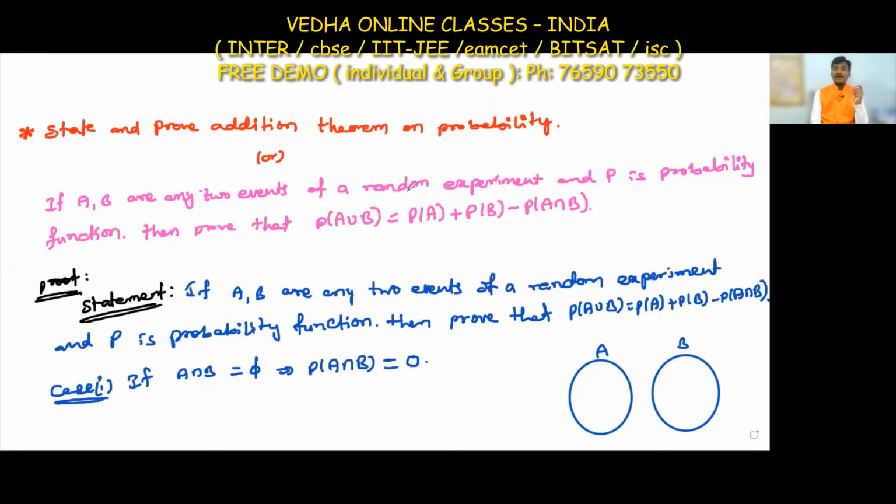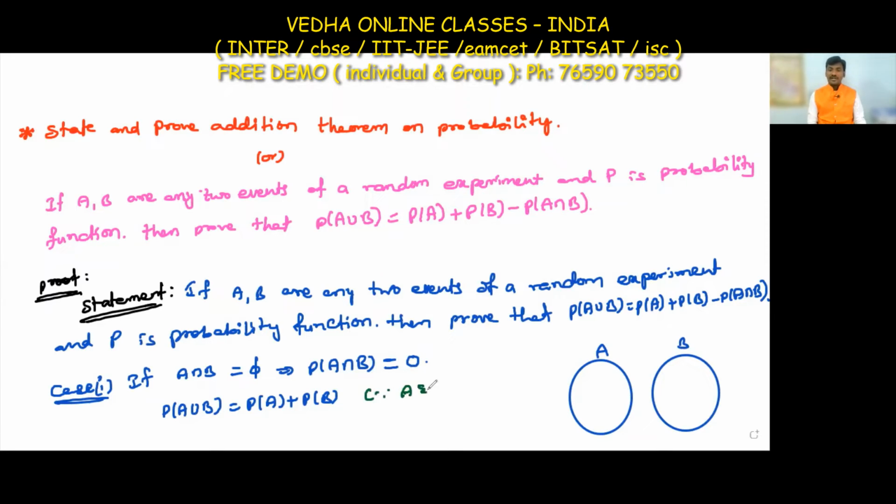So what we have to find is the probability of A union B. Whenever A and B are disjoint, probability of A union B is equal to probability of A plus probability of B. Why? Because there is no common space between A and B.